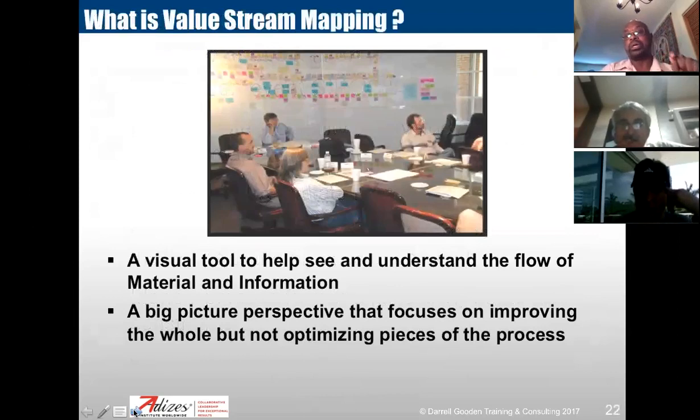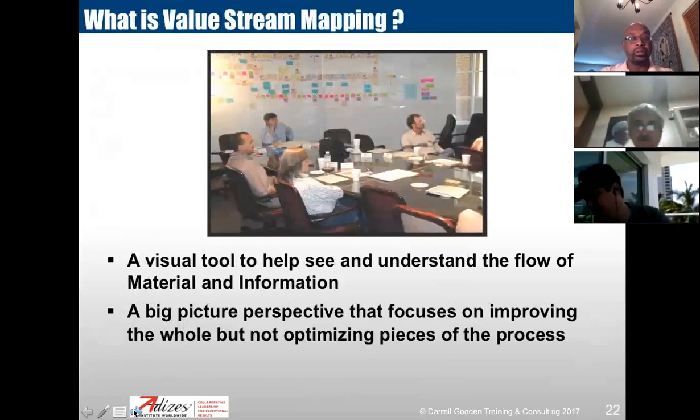Verb nouns are used on a Post-it to state an action, a component part of a process. This is intended to be a visual to help see and understand how material is flowing. You know, the throughput time, the waiting time, the processing time. So it's a big picture perspective, okay?